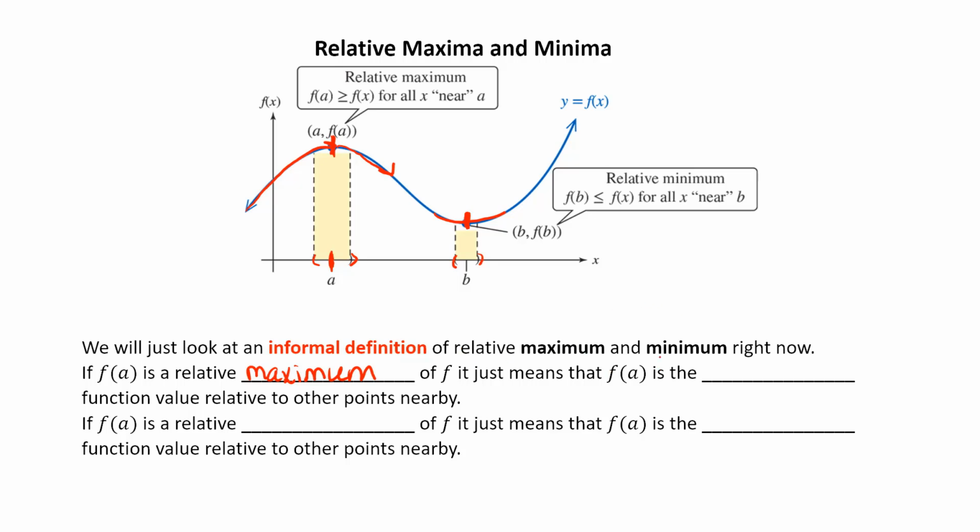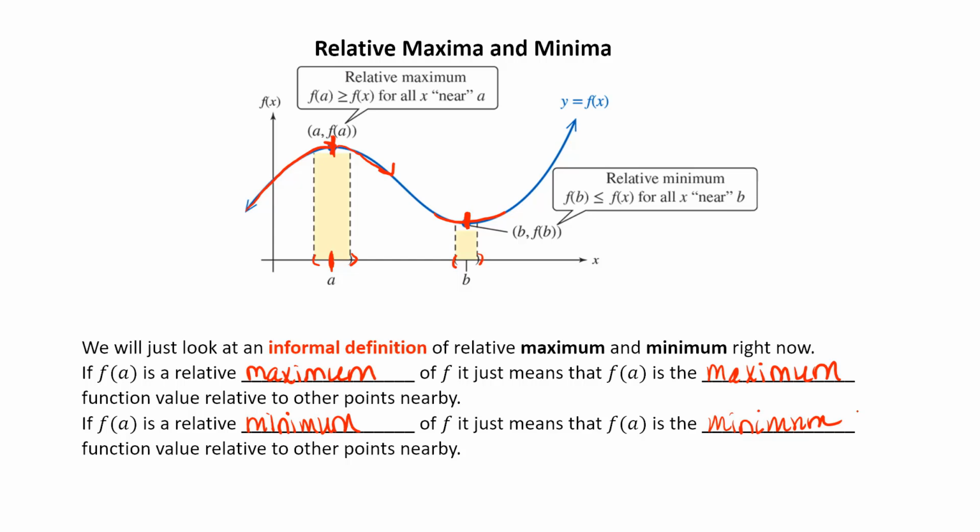It means that f of a is the maximum value of the function relative to other points nearby. And f of a is a relative minimum of f if f of a is the minimum value of the function compared to other points that are close by.